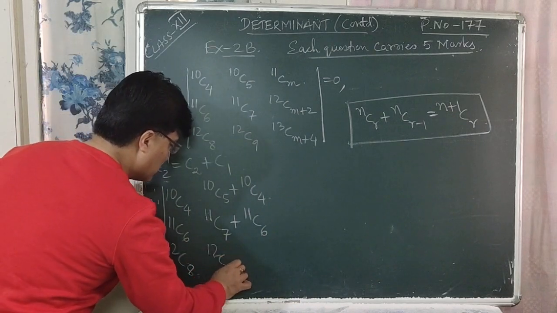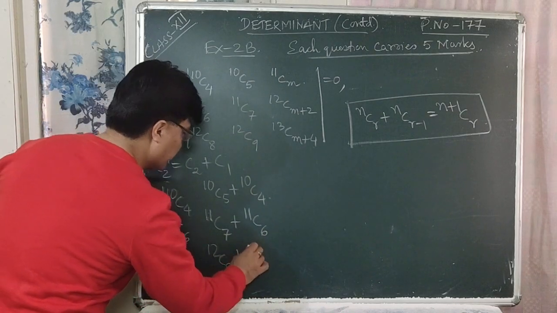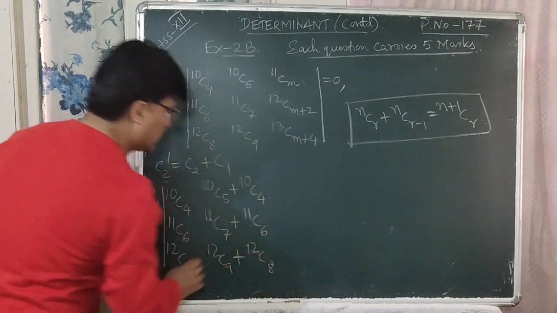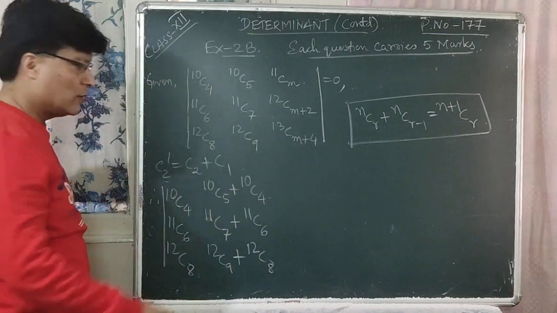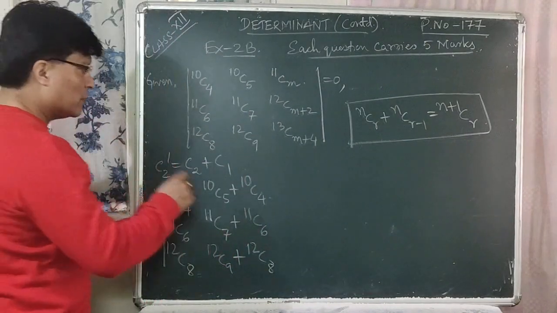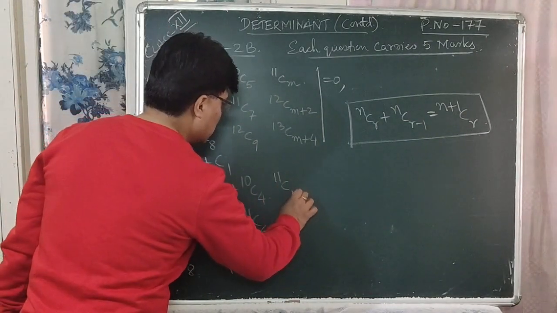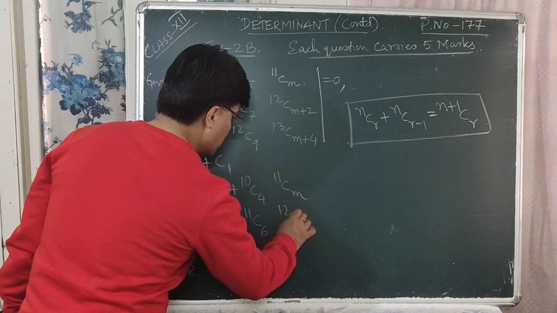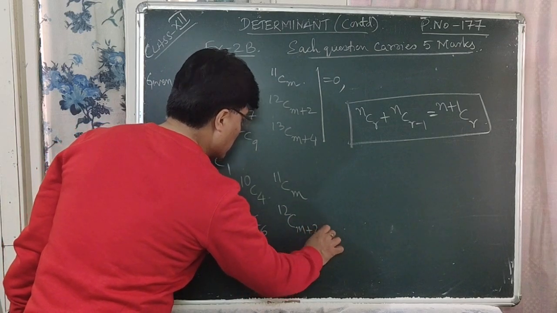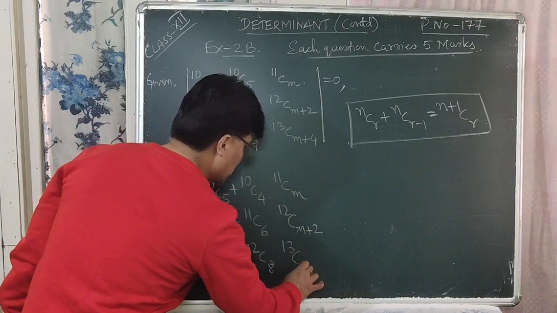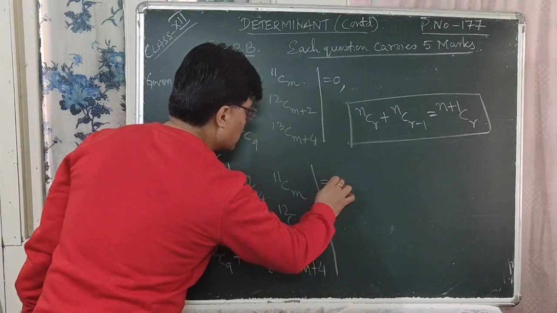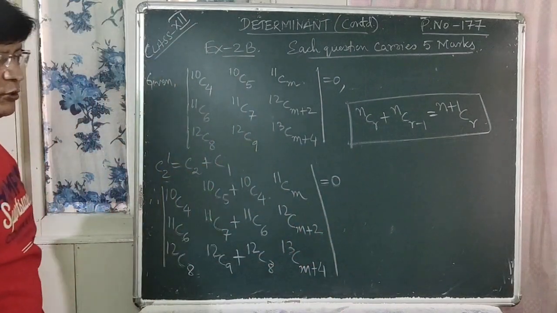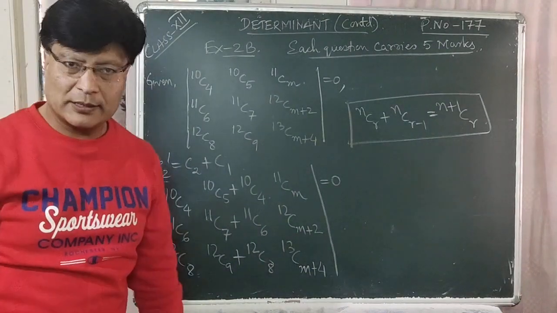Next, 12C9 plus 12C8. This is your new second column. What is the third column now? The third column remains the same: 11C(n), 12C(n plus 2), then 13C(n plus 4). Determinant sign closed, which is equal to 0. Is it clear now?